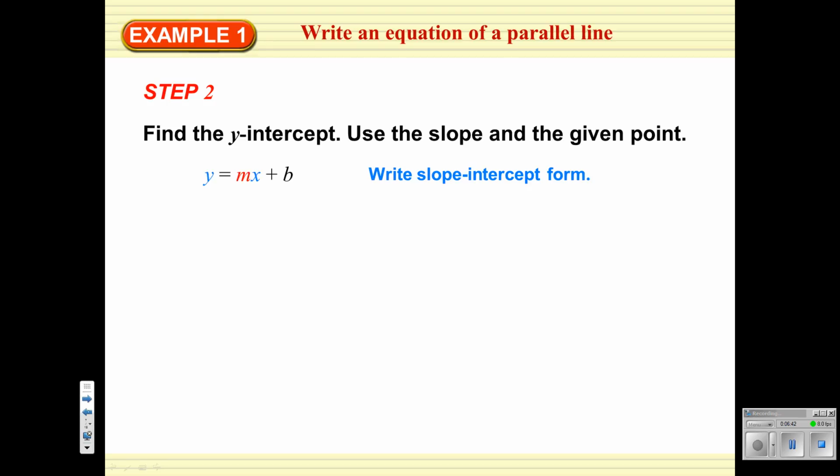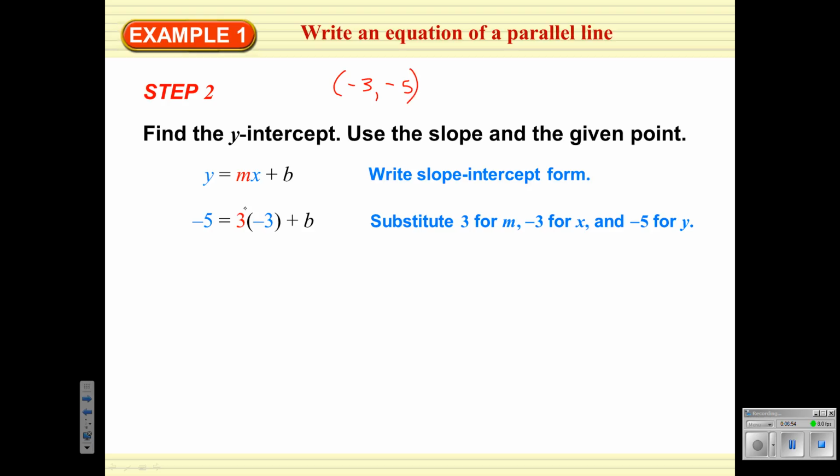So write your slope-intercept form, y = mx + b. We're going to solve for b. We're going to use the point that they gave us, (-3, -5), that it passes through. We substitute our y in for the y, our slope in for the m, and our x coordinate for the x, and we solve for b.